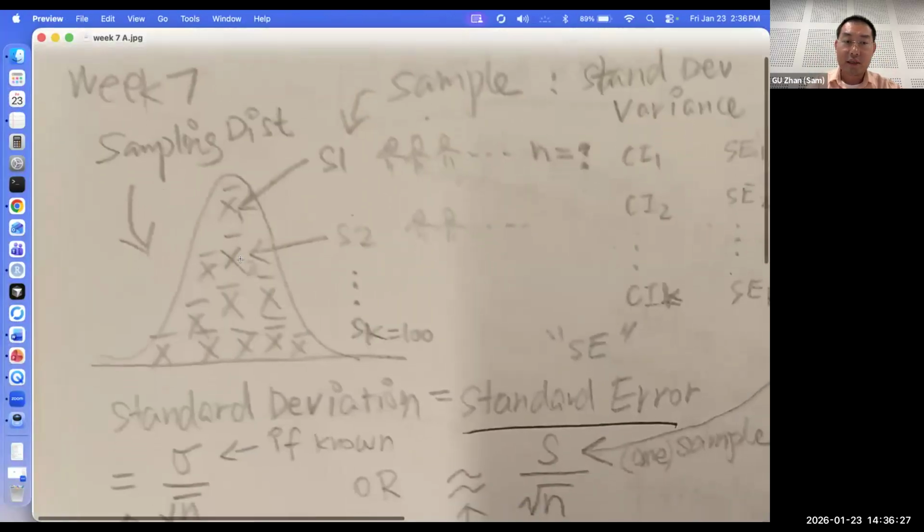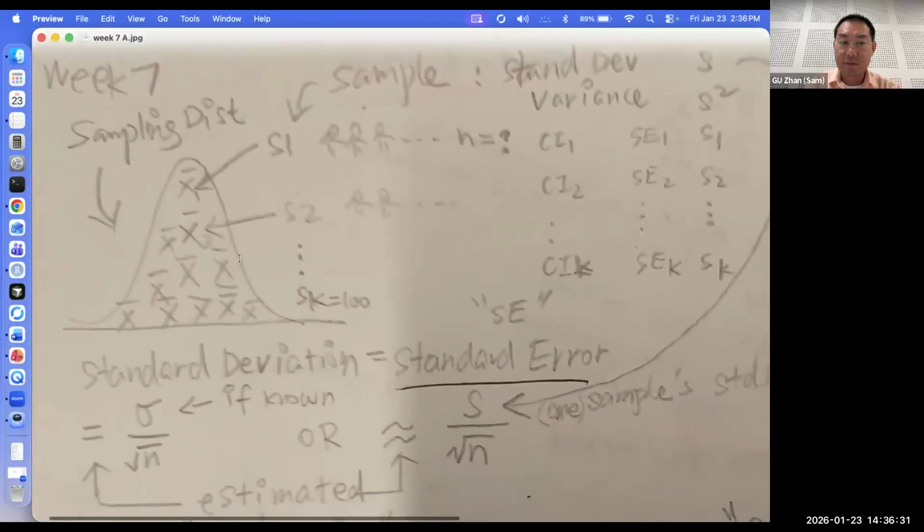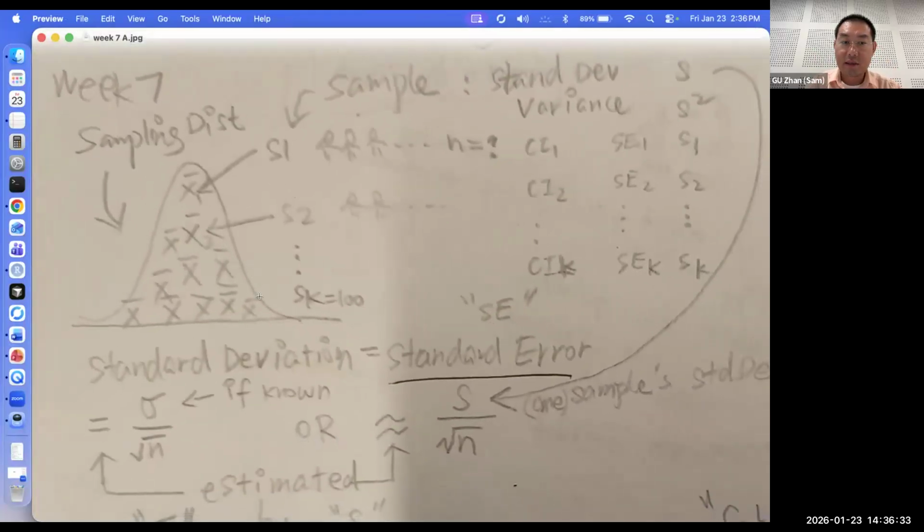Now look here. Recall last week, the central limit theorem. What you are seeing on this curve, what is it? Is it a population distribution, a sample distribution, or a sampling distribution of the mean? How do you determine that? You observe this curve.